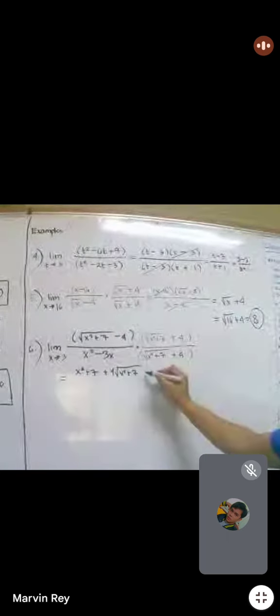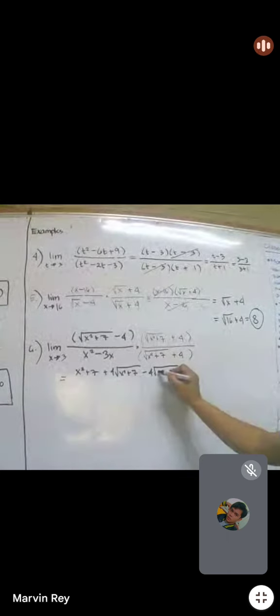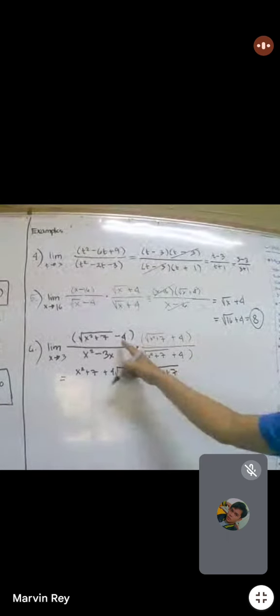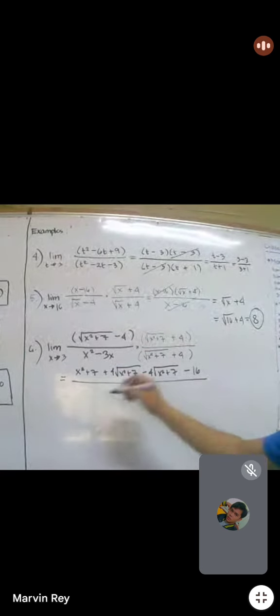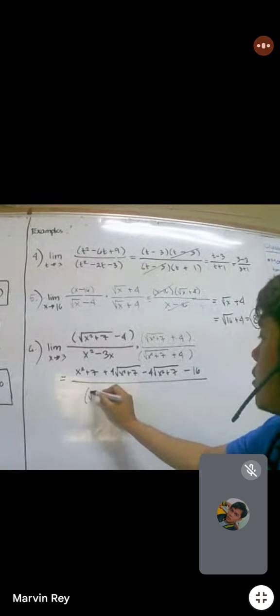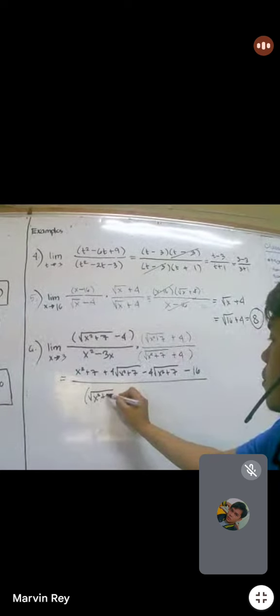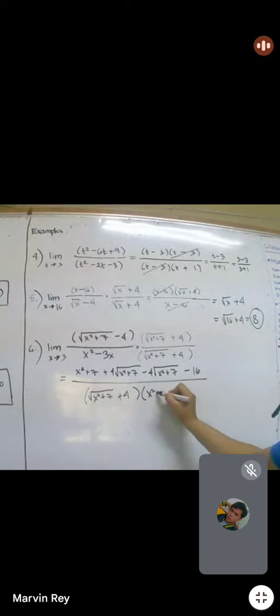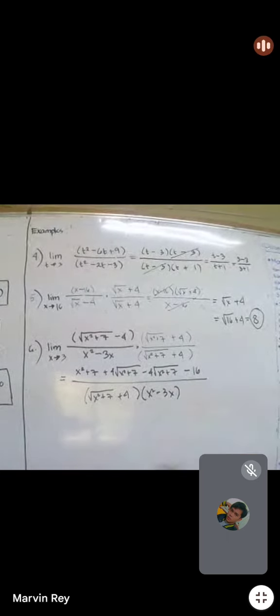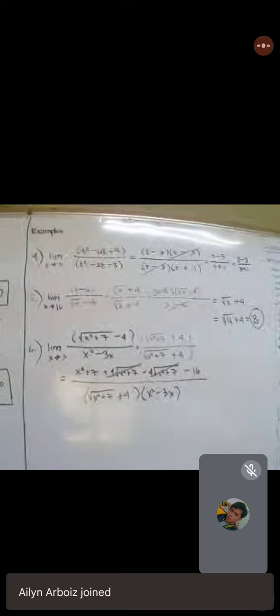Then minus 4 times this, minus 4 square root of x squared plus 7. Negative 4 times 4, negative 16. Then you just have to retain the denominator: square root of x squared plus 7 plus 4 all over x squared minus 3x. Now you can cancel this out, since 4 minus 4 with the same radical sign, you can just cancel them out.